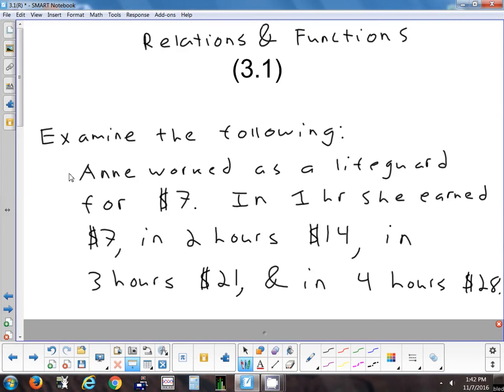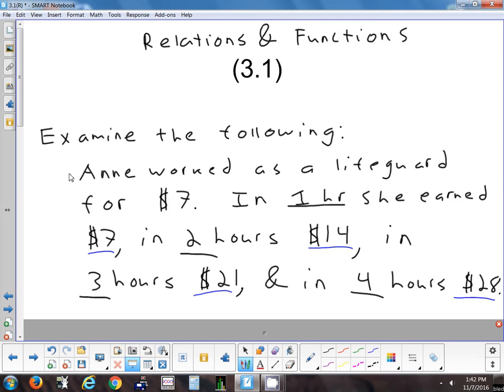And if you think about each sentence I have, there's two things in it. There's time and money in each one. So here's time, 2 hours, 3 hours, 4 hours. And then money, money, and money.